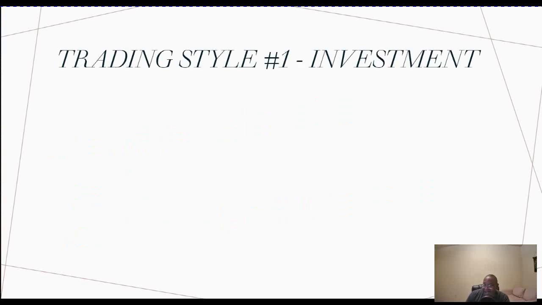Trading style number 1, investment trading. Investment trading is probably one of the most secure styles of investing in the stock market. You're buying a position and you're holding it for at least a year. Most people that go into investment trading are doing so for retirement.